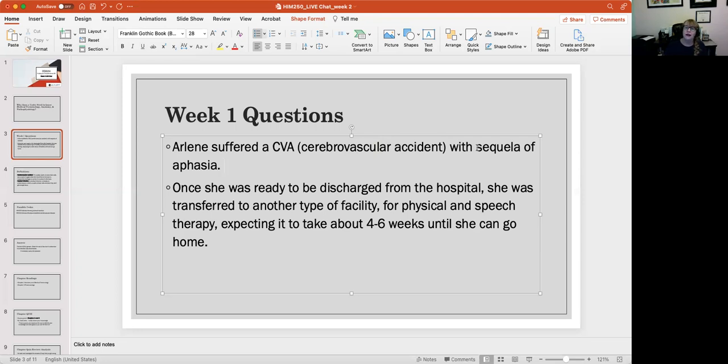A sequela is different from a manifestation. Okay, so let me give you an example. A manifestation is when one condition causes another condition to develop. So they wouldn't have the second condition unless they had the first condition. Like with diabetes mellitus, you can have a manifestation of retinopathy, problems with the eyes, that is directly caused by diabetes mellitus.